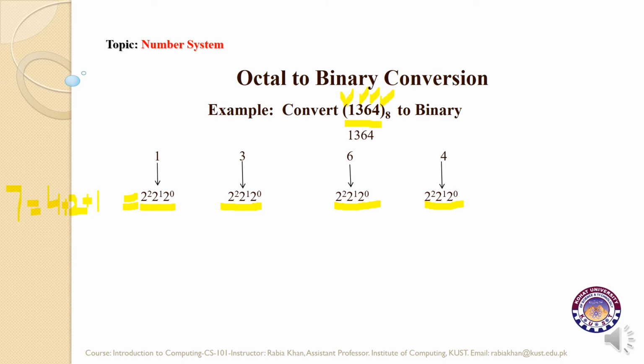But we do not require the number 7. We require 1. So where can we get 1? If we switch on the last bit, we will get 1, and the remaining bits will be switched off. So how can you write it? Switch off the first 2 bits and switch on the last bit.